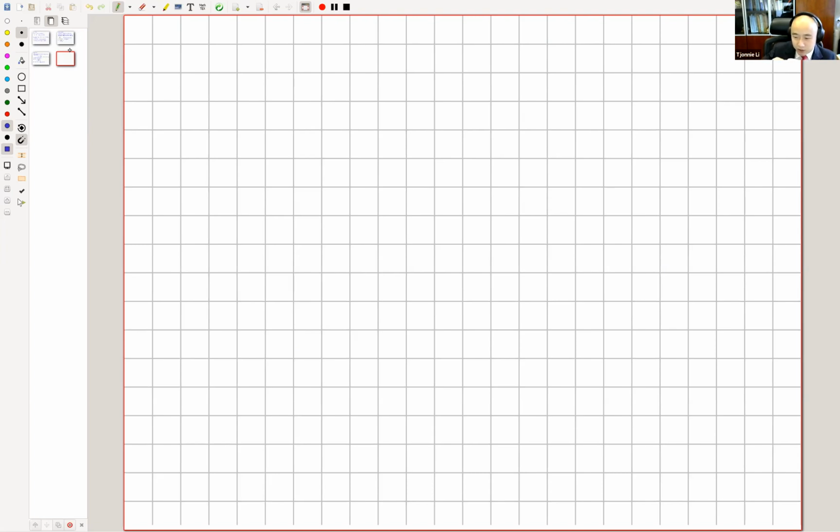There's two names associated with it. Anyone? Stokes and divergence theorem, very good. Or Stokes and Gauss's theorem, depending on how you like to call them.